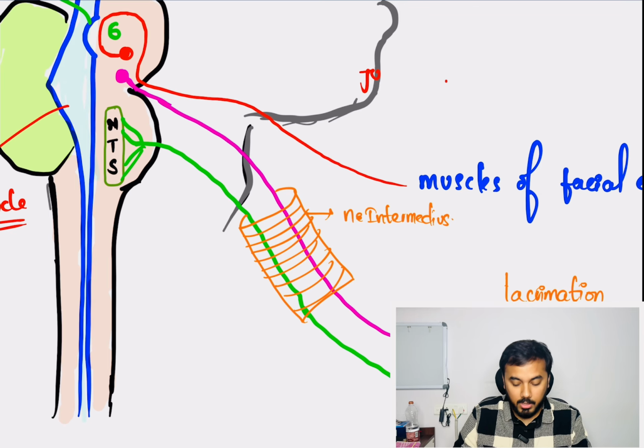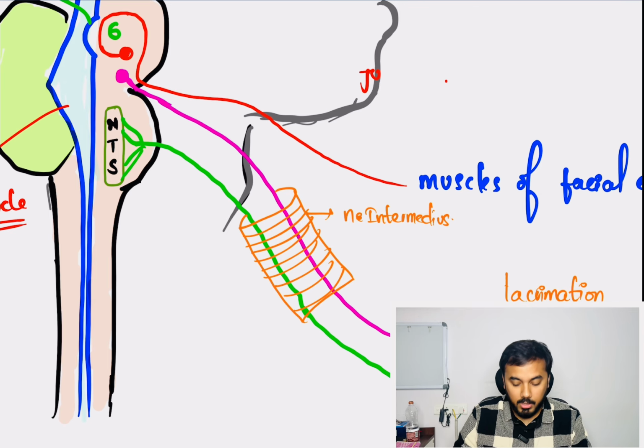कहाँ पे जा रही है? It is going all the way to the posterior wall. And then on the posterior wall, it will descend down like this, and finally it is entering into a foramen. ये foramen का नाम बताओ अभी. This foramen is called your stylomastoid foramen, right? Now this will come out of this stylomastoid foramen.